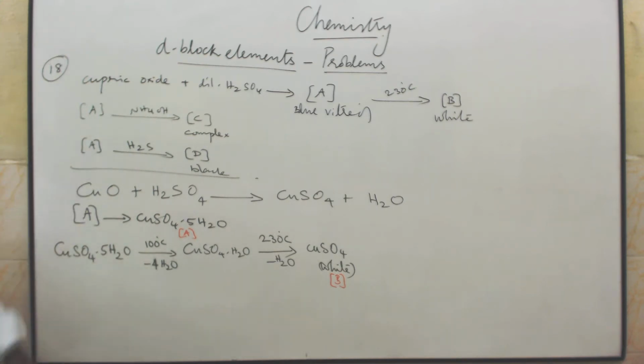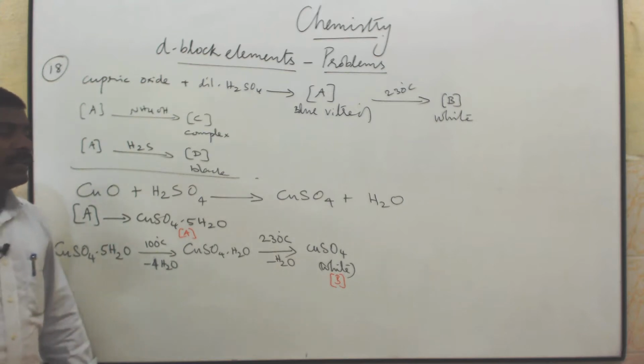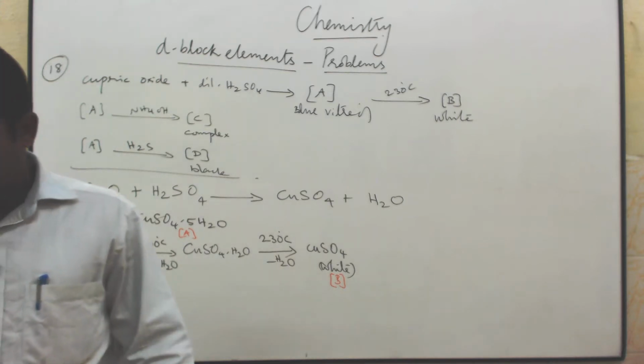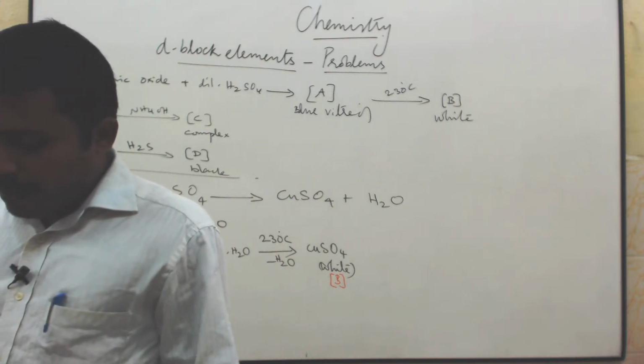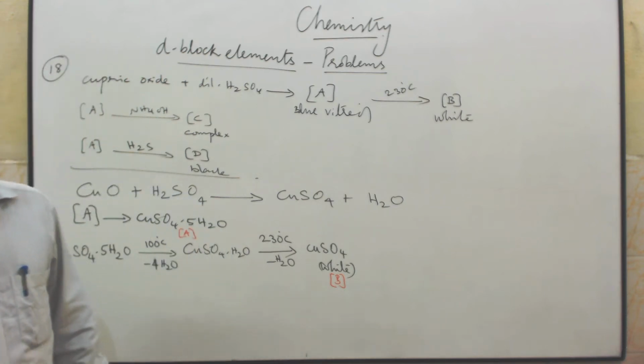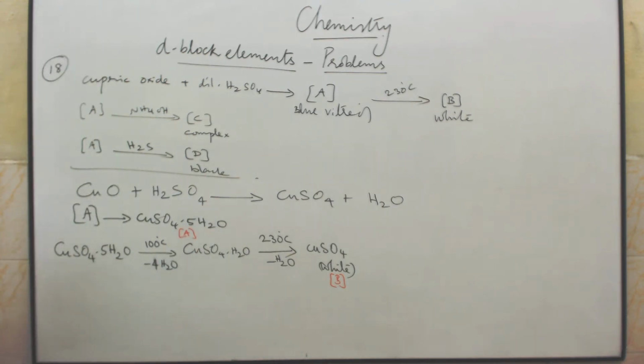Then again, A, that means copper sulfate pentahydrate crystal, reacts with ammonium hydroxide, it gives tetraamine copper 2 sulfate.